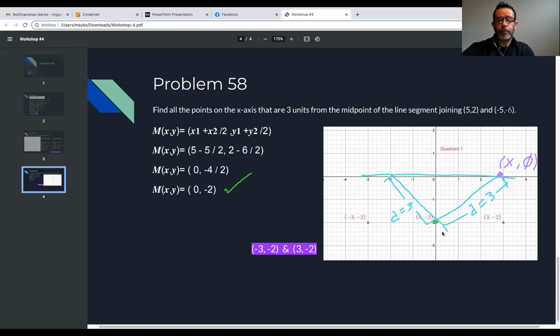So the distance, which is equal to 3, has to be equal to the square root of x minus, what's the value of x? x minus 0 squared plus 0 minus 2 squared.